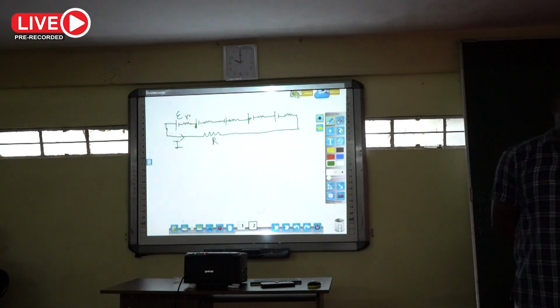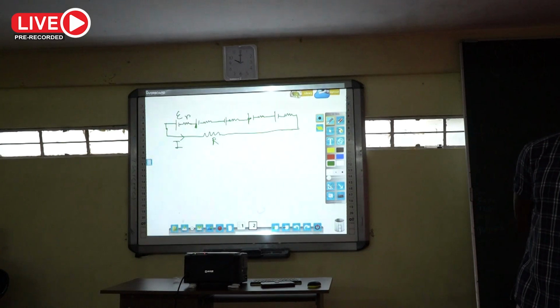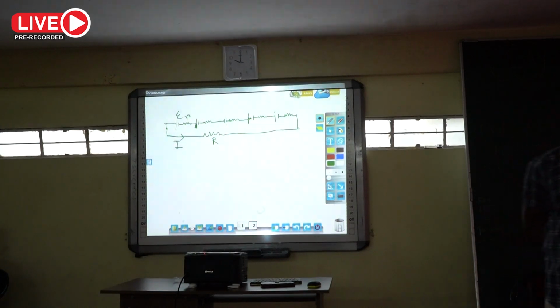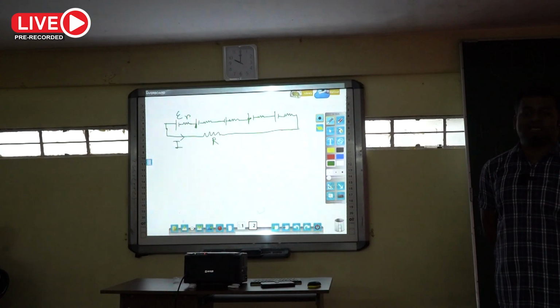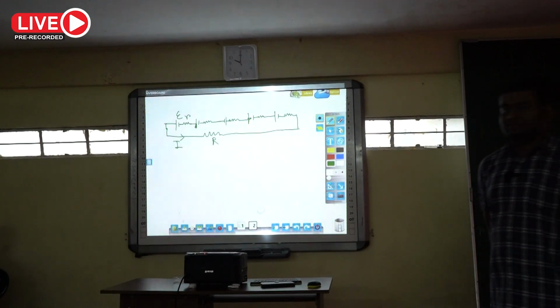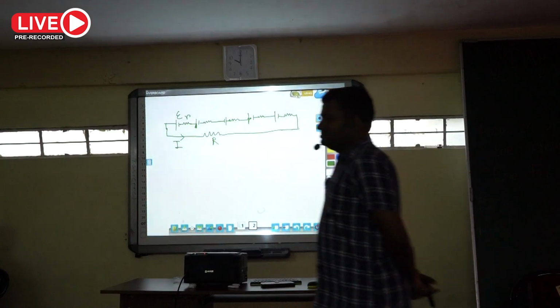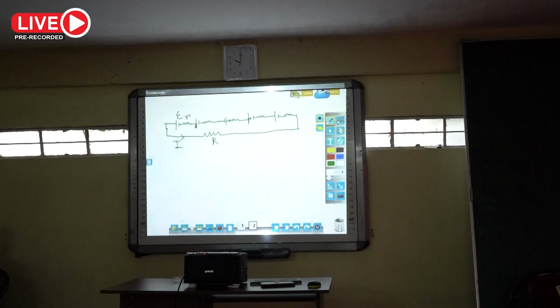One is connected in opposite order, so you have to take care of that. The middle one is connected in opposite polarity. Is it 4E? Check.